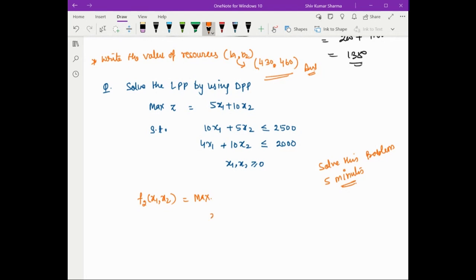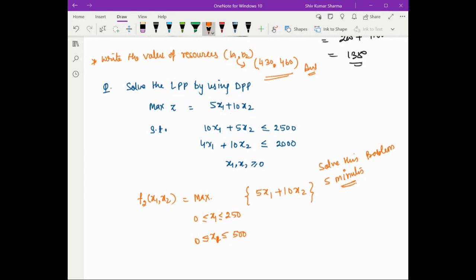So the value of x1 from the first constraint, when we put x2 equal to 0, that means 250, and from the second constraint the value of x1 is 0 to 500. Put x2 equal to 0, and we write the objective function 5x1 plus 10x2.